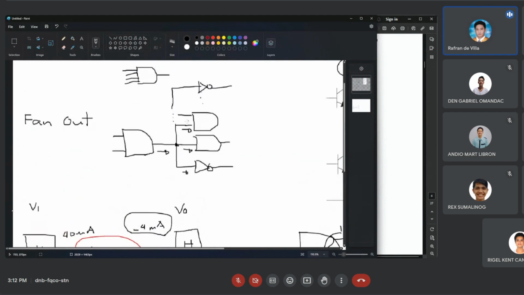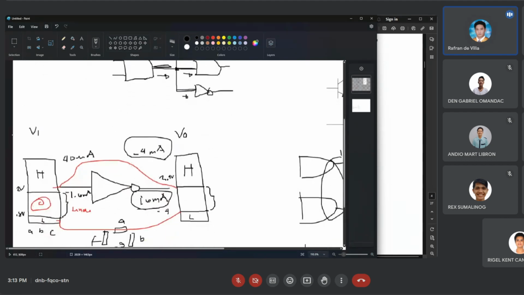So, the number of inputs that an output kani can drive reliably. So, in short, pila man kabuk inputs ang pwede nato ma-connect to this output nga dili ta magproblema nga mabuang ang iyahang operation. Okay? Kay we are still working within the limits based on the specification. So, simple ra ni guys.